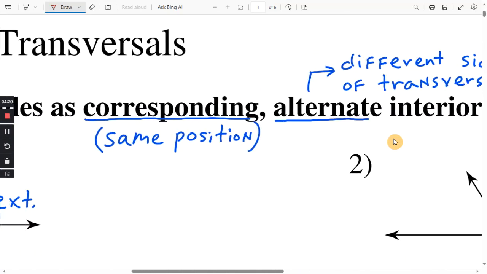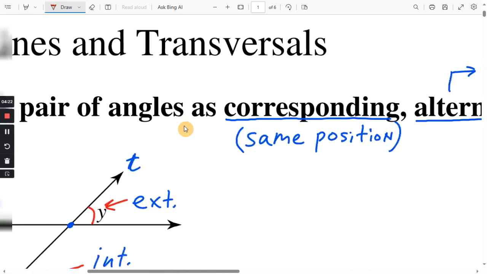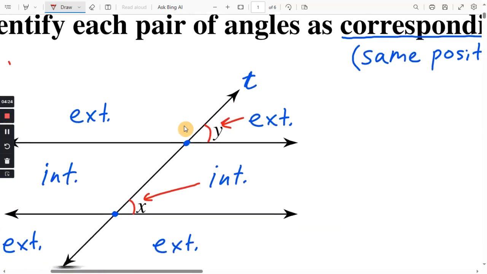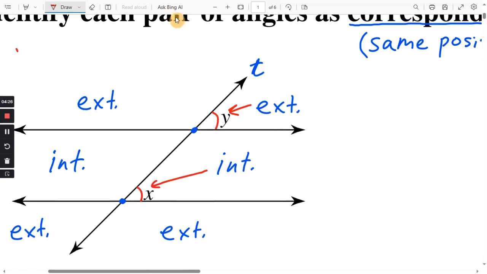So by process of elimination, it's corresponding, but let's see why. For corresponding, they are in the same position, and you want to look at the angles going from one line to the other. So you have to go along the transversal from one line to the other.